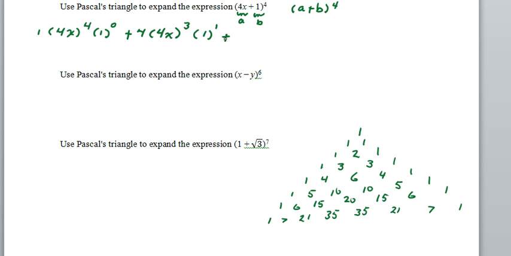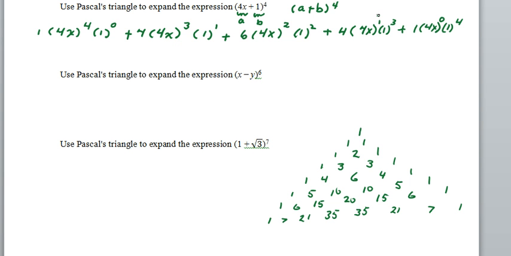Plus 6 times 4x squared, 1 squared, plus 4 times 4x times 1 cubed, plus 1 times 4x to the 0, 1 to the fourth.